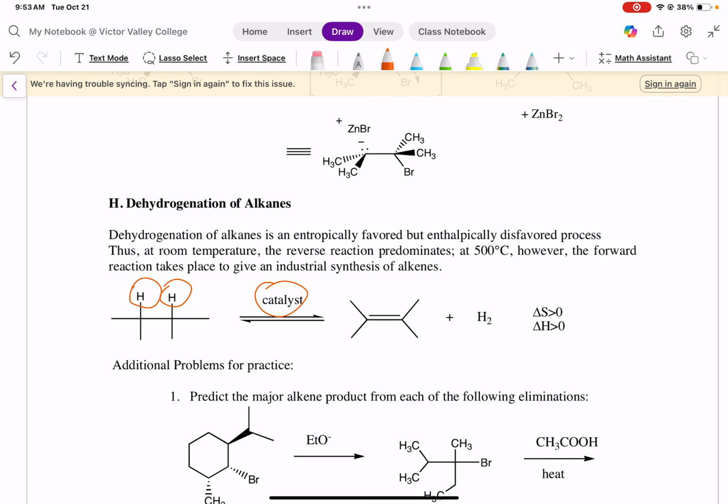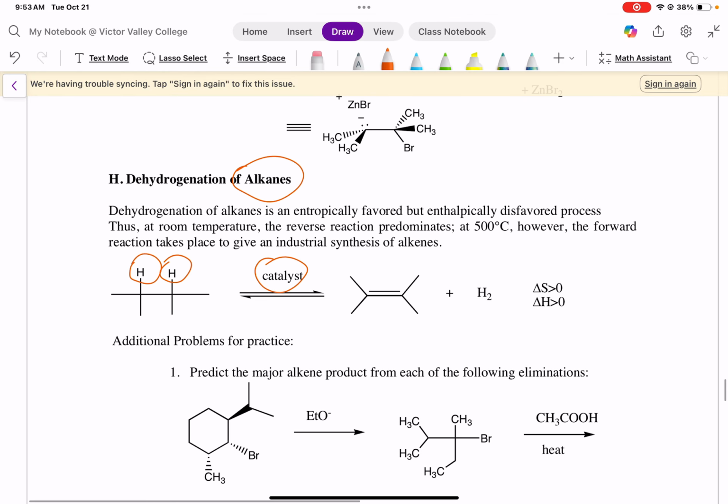Dehydrogenation is removing two hydrogens from an alkane. That's the way that industry synthesizes alkenes. It's very effective and can give a lot of products.